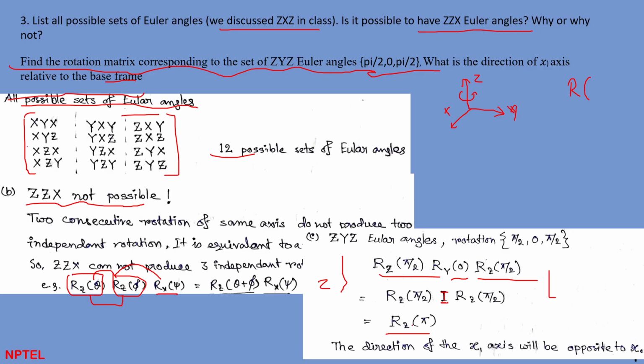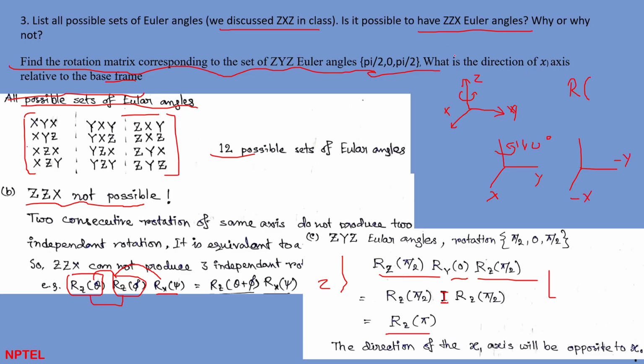So let's say you're rotating along the z direction by 180 degrees. This is your y, and this is your x. When you rotate by 180 degrees, this will become your minus y, and this will become your minus x.